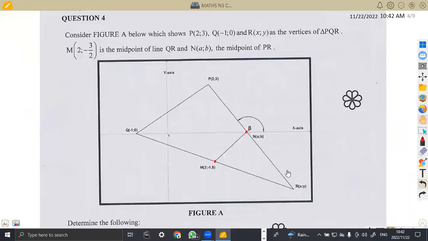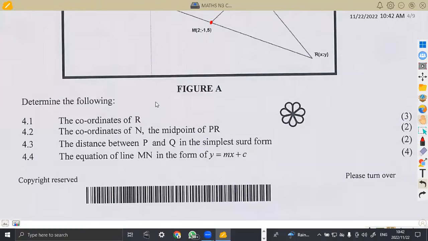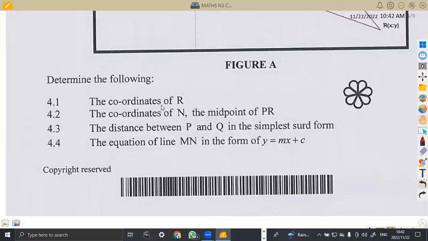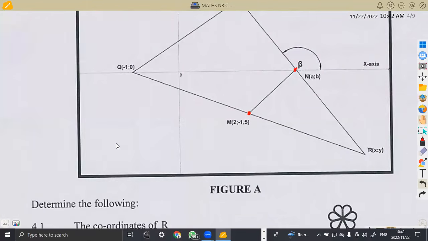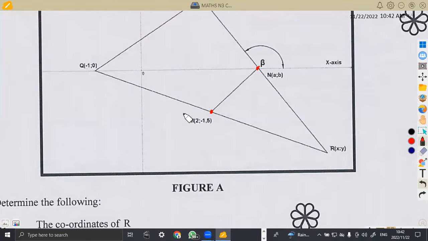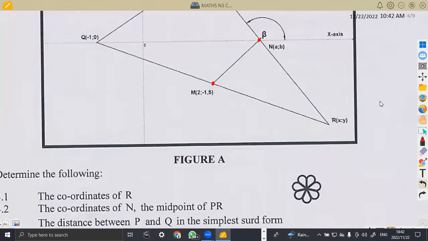So let's see the first question. Calculate or determine the coordinates of R. To find the coordinates of R, remember that we are told that M is the midpoint. So we can take advantage of that.